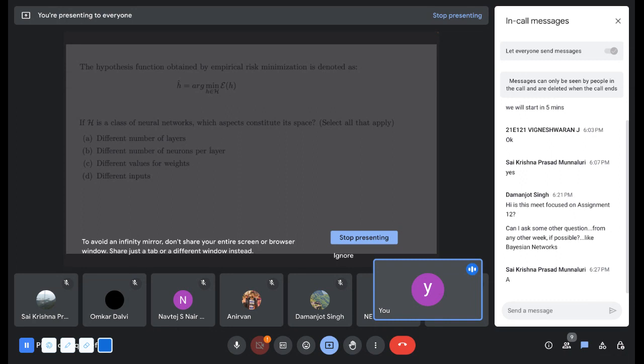That class can be linear regression, neural networks, or whatever. If H is a class of neural networks, what does this set H consist of? Different layers, different neurons, different values of weights, or different inputs. You can type in your answers, because I explained this using the linear regression example. It's the same answer. Try typing it.